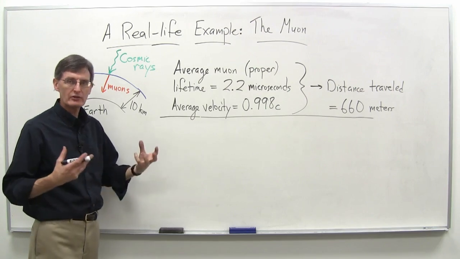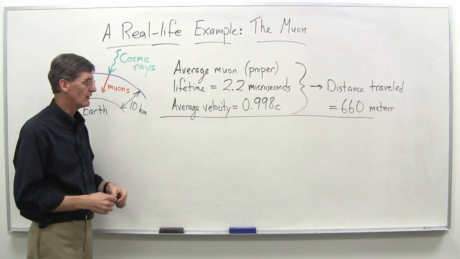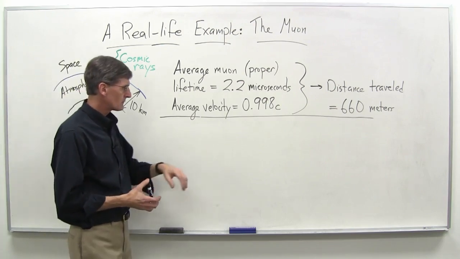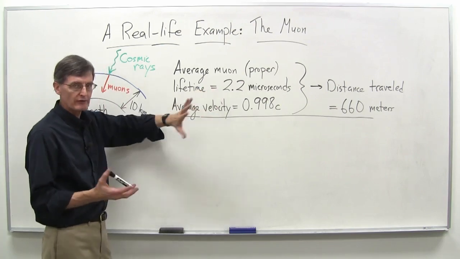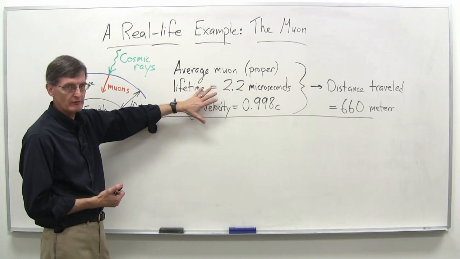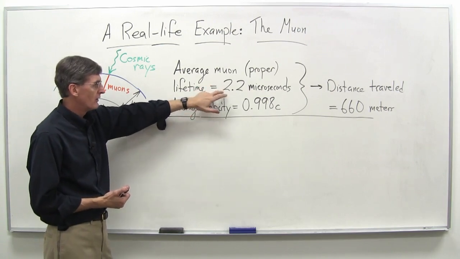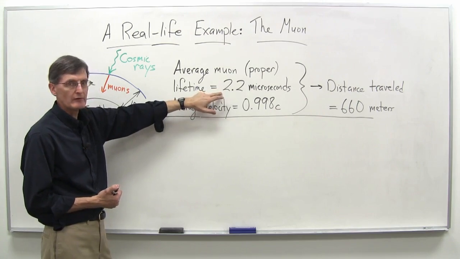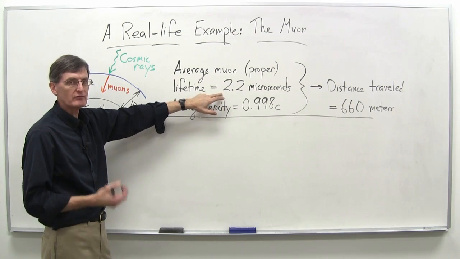Well, the explanation comes through the special theory of relativity. So let's imagine, first of all, we're outside now, we're observing these muons. We know their proper lifetime is 2.2 microseconds. But remember, moving clocks run slow.